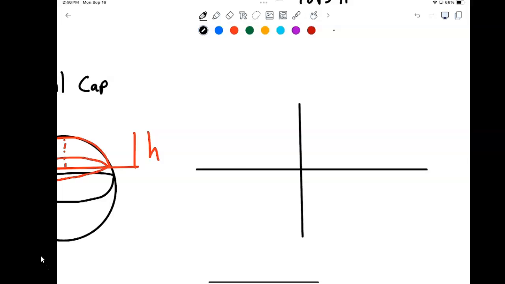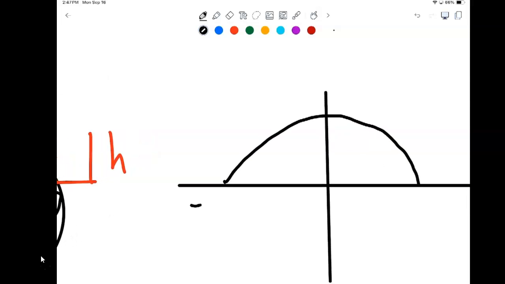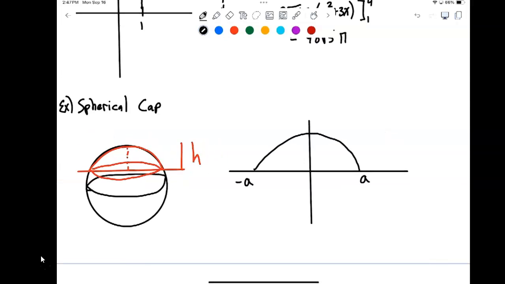And so if we have a semicircle running from minus a to a, and of course if you revolve that about the x-axis, then that would generate a sphere. Now my picture's not perfectly to scale.